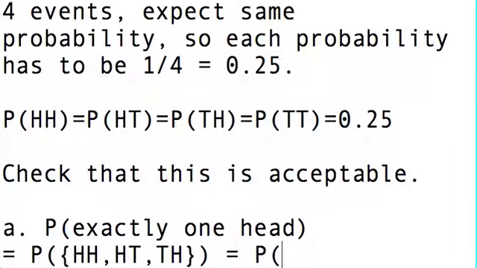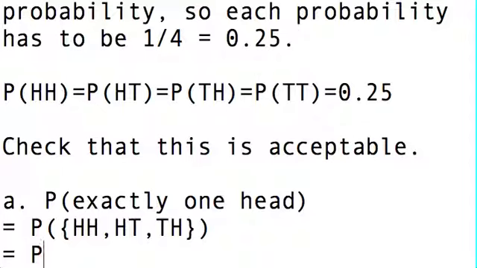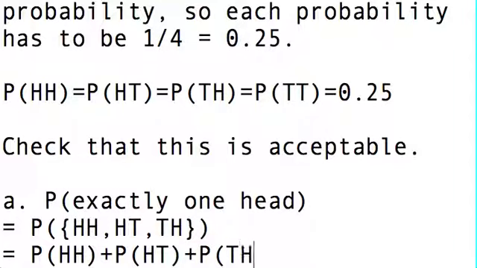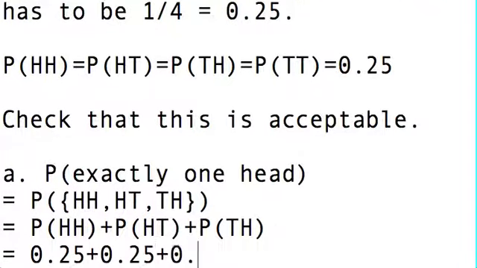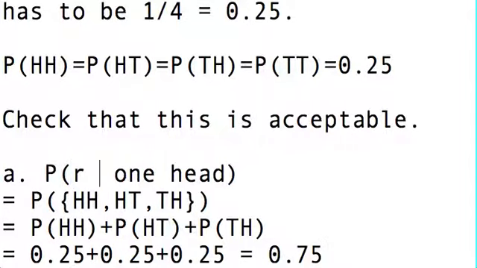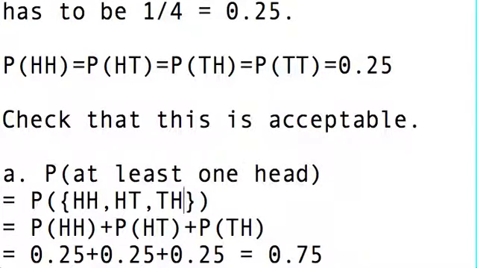So it's equal to the probability of heads, heads, plus the probability of heads, tails, plus the probability of tails, heads, which is 0.25 plus 0.25 plus 0.25, which is 0.75. So let me change this to at least one head. At least one head. And that should happen 75% of the time.